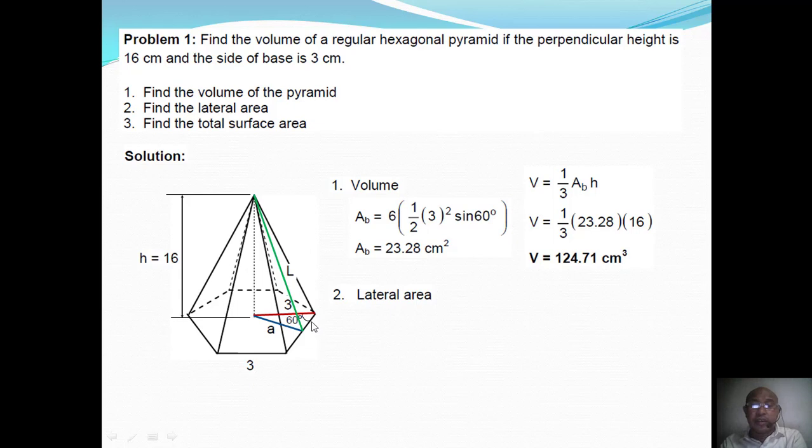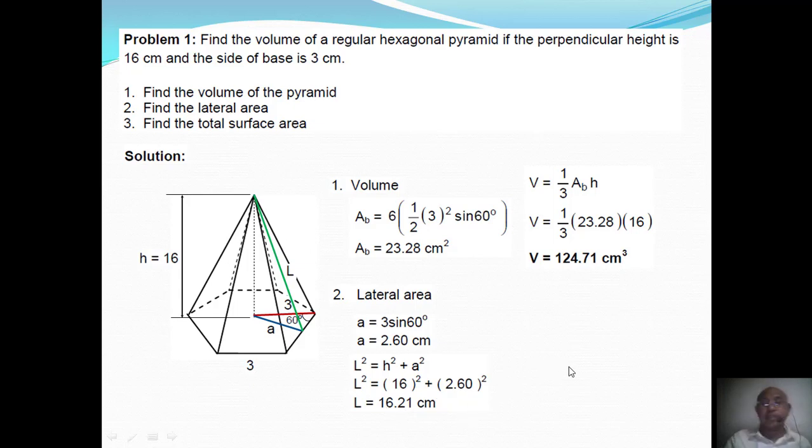So 60 degrees angle. So I can solve for A. A is equal to 3 sine of 60. A is 2.6. And I can solve for L. So L squared is equal to h squared plus A squared. So 16 squared plus 2.6 squared, 16.21 centimeters.